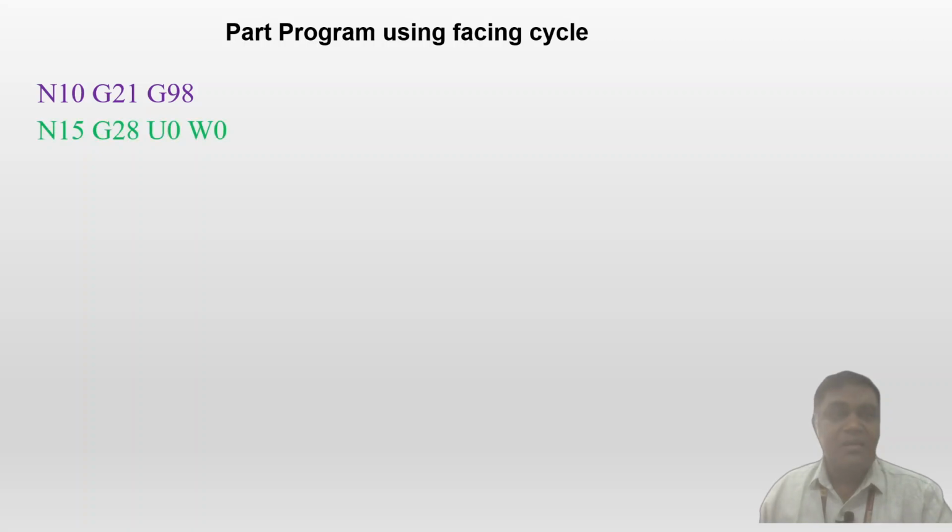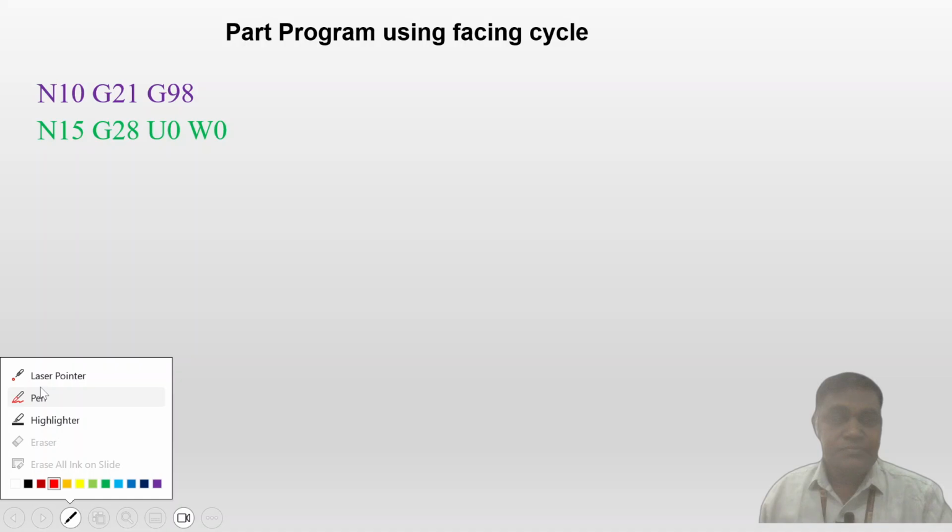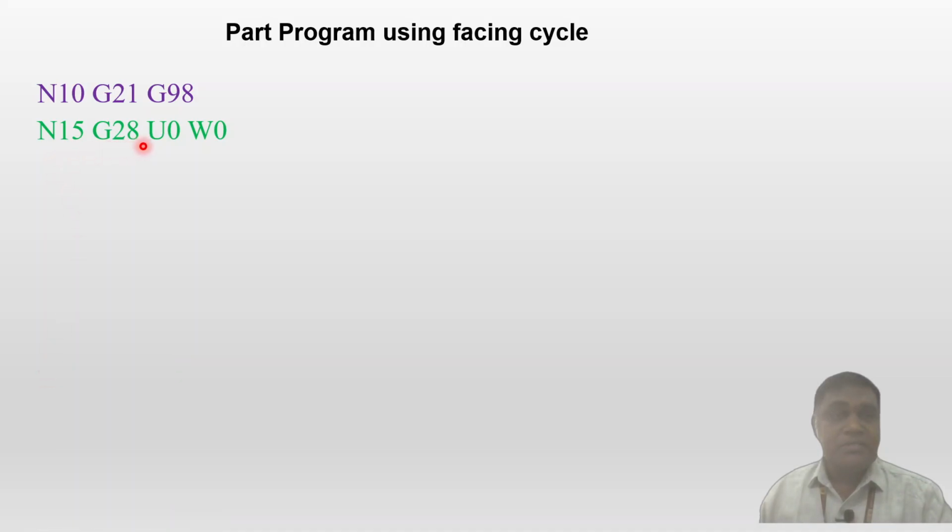Coming to the second block, we send the tool to the home position with G28 U0 W0. Here U is related to the X axis and W is related to the Z axis.